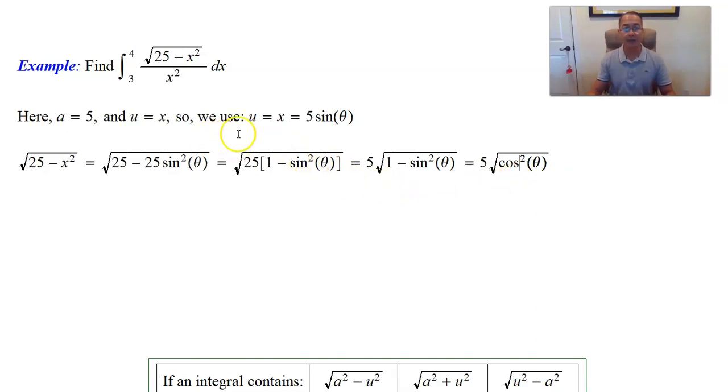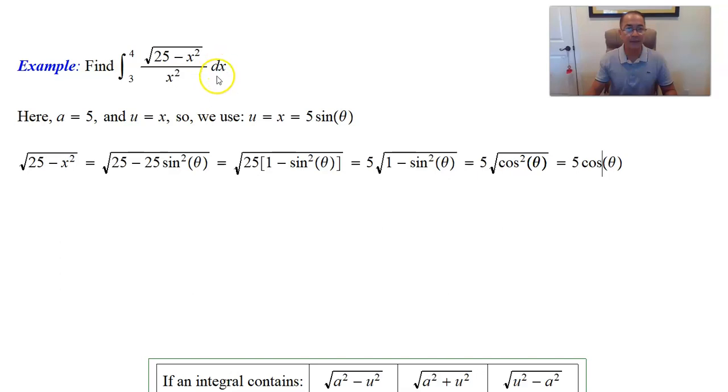And because our theta is between minus pi over 2 and pi over 2, as I mentioned earlier, that's where cosine is positive. So the square root of cosine squared is simply cosine theta. So we can erase the square root and the square. There you go. That numerator is simply 5 cosine theta.